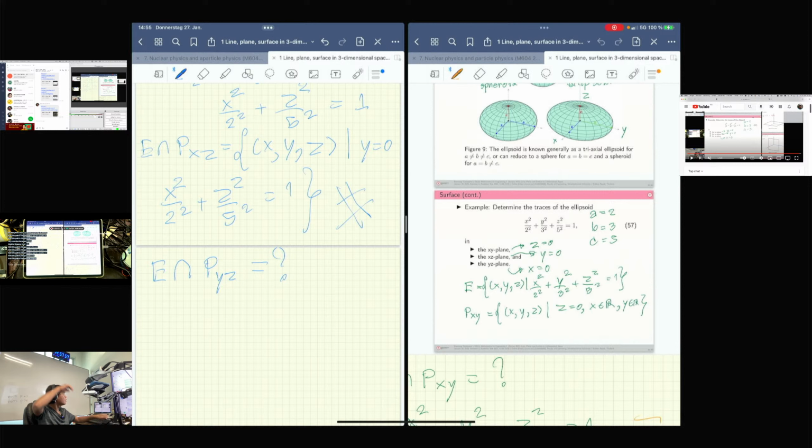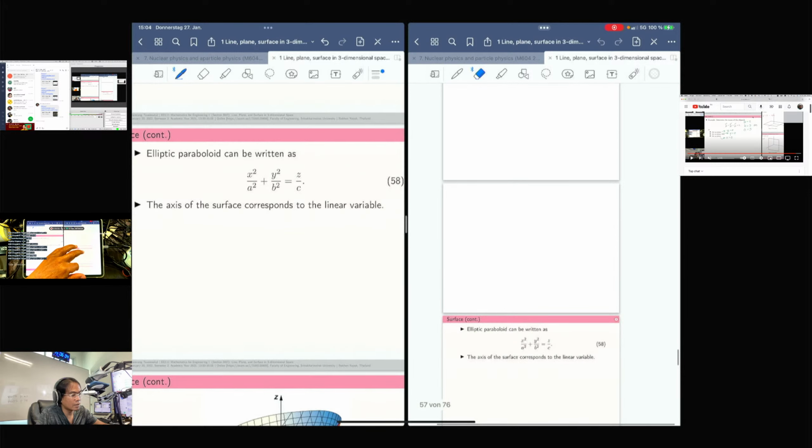This elliptic paraboloid can be described by equation 58. Previously we had number 1 on the right hand side for the ellipsoid, but the elliptic paraboloid is quite similar to the ellipsoid. This is the shape of the elliptic paraboloid. What is it? It's like the hat of the soldier in the palace.